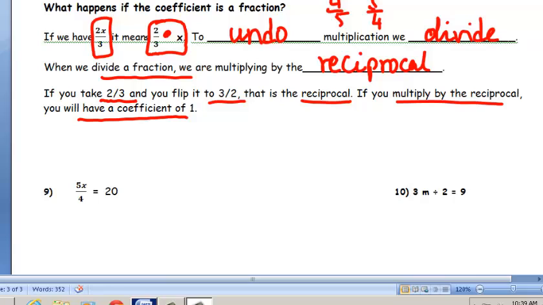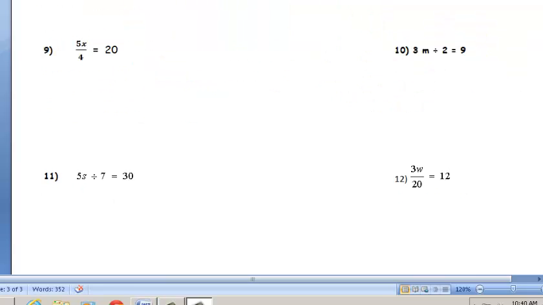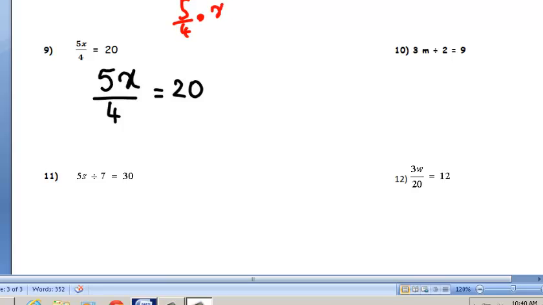Okay. Now, please follow the procedure and do it like I'm showing you. In problem 9, I have 5x over 4 equals 20. Now, we know that 5/4 is being multiplied by x. How do I undo this 5/4? I have to divide by 5/4.